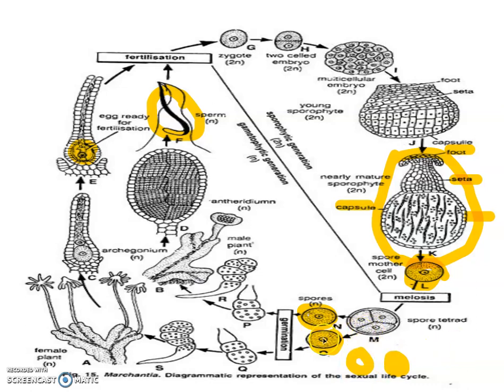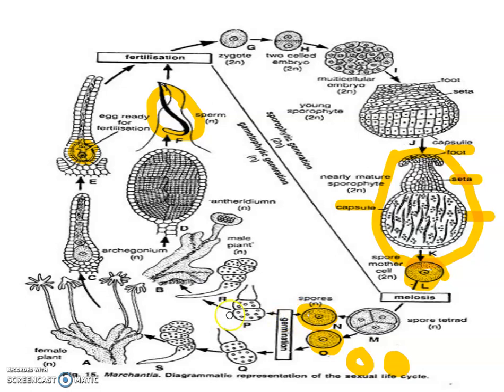See, one, two, three, four from a single spore mother cell. These are haploid, half in number.